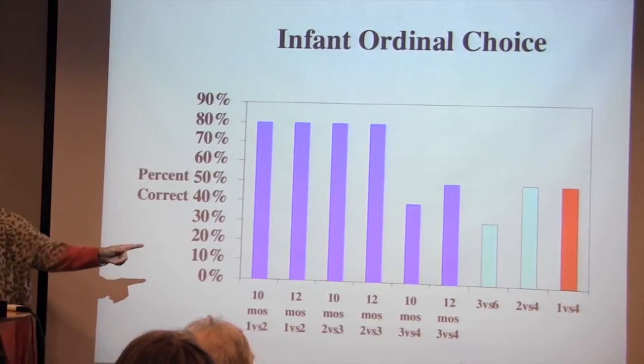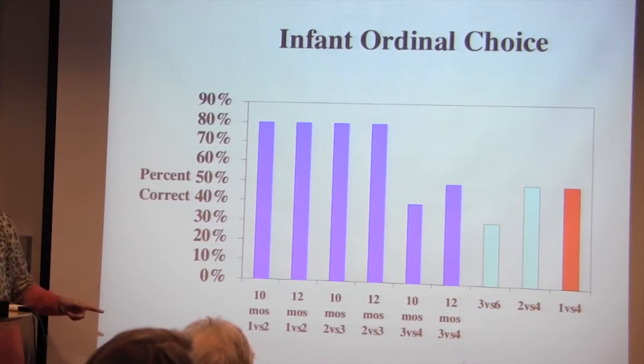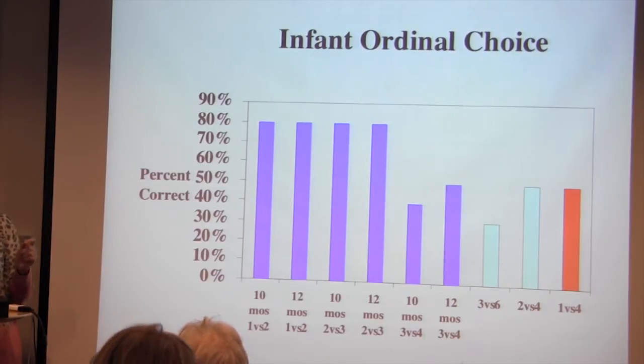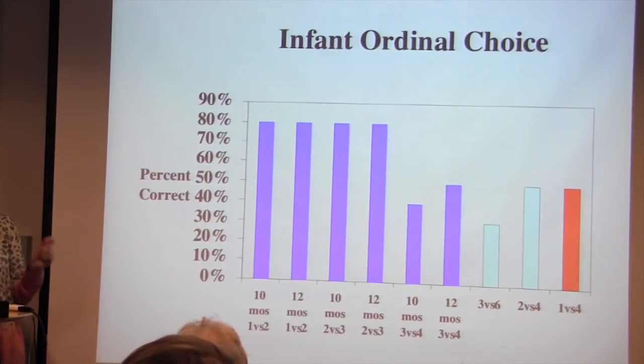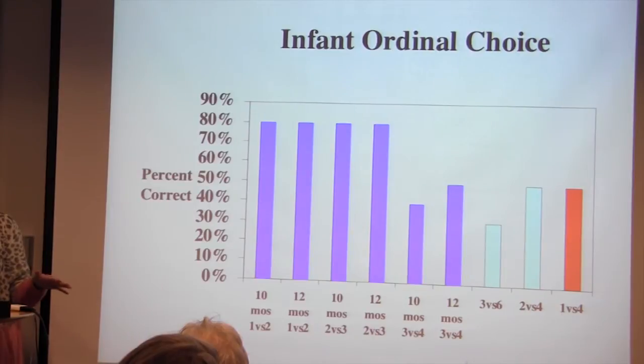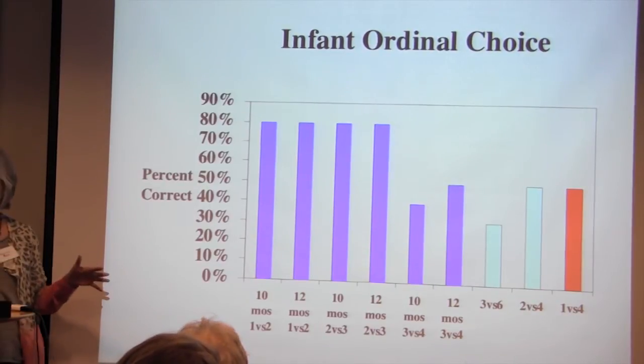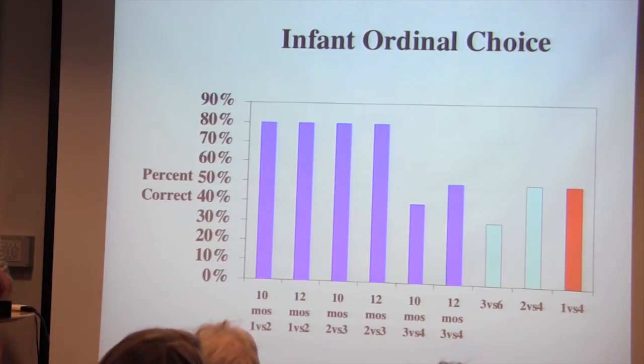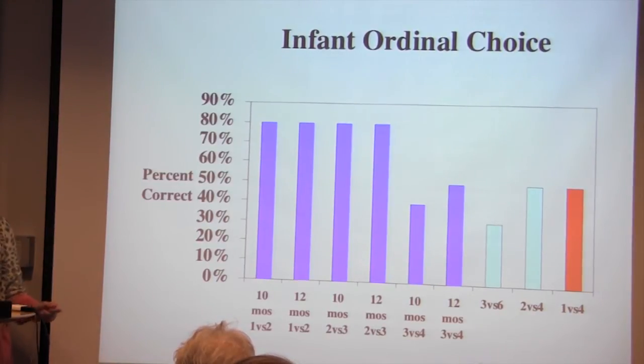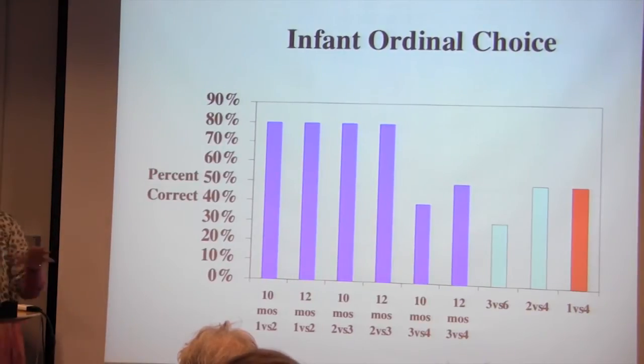So the limit here is not ratio. It's an absolute set size limit. As soon as one of the sets is more than 3, performance falls to chance. A totally different system of representation than analog magnitudes. Now just dwell on this for a second. 2 versus 3. 1, 2, 1, 2, 3.